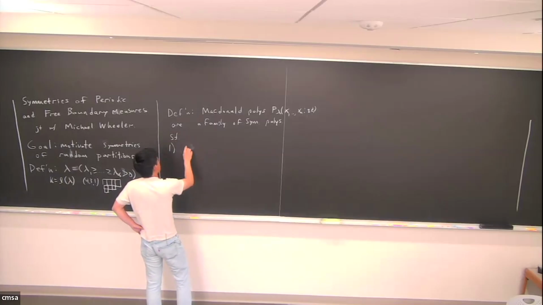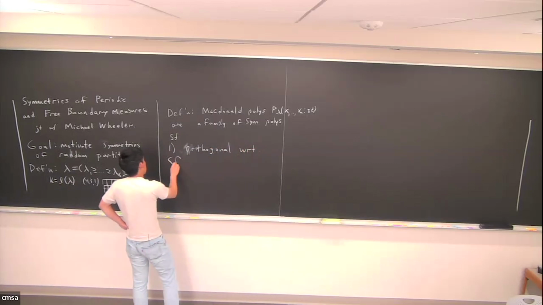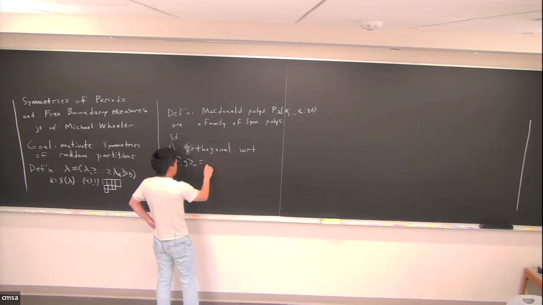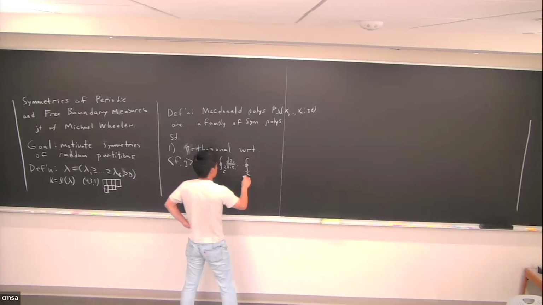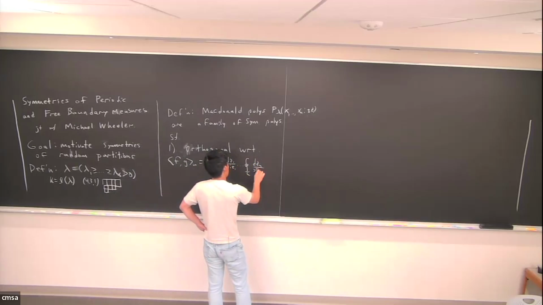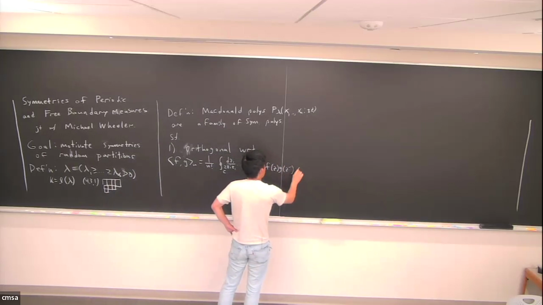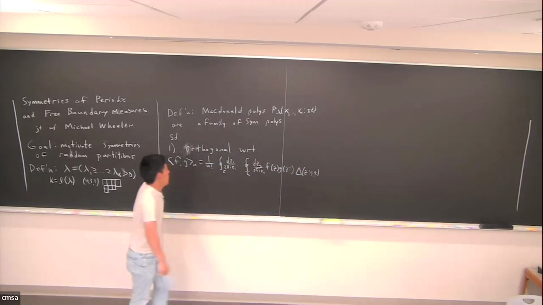They're orthogonal with respect to the following inner product: the inner product of 2 symmetric polynomials f and g in n variables is going to be, there's a 1 over n factorial, which is not so important, and n contour integrals of f of z, g of z inverse, and then some factor delta of z, q, t.